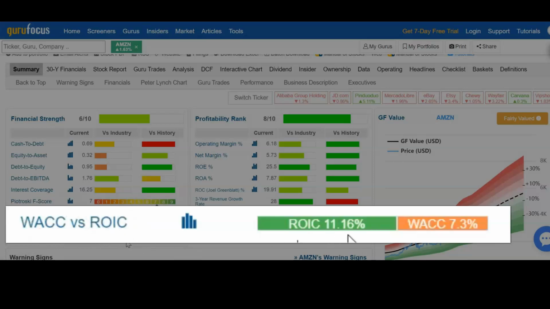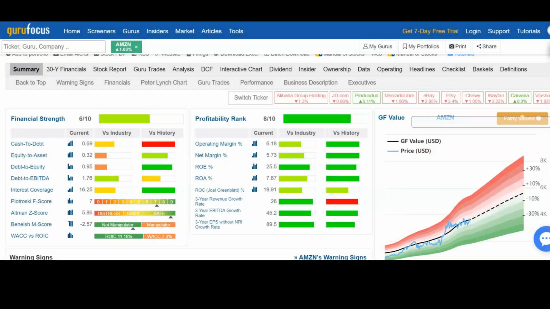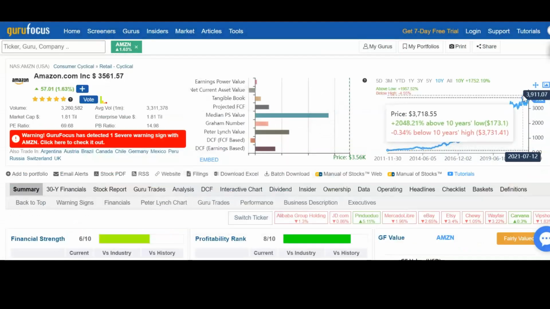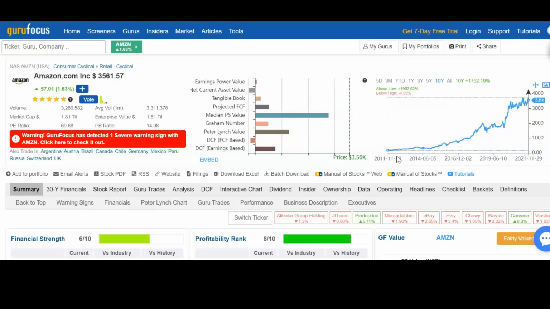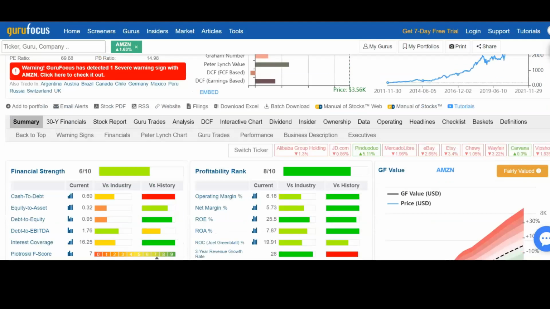So we can see here that for Amazon, the cost of capital is 7.3%, while return on invested capital is 11%. In other words, it generates a higher return compared to how much it cost to raise funds for Amazon. And it's not surprising that the value of Amazon shares is increasing all the time. In fact, Amazon used to be one of the best wealth-generating stocks of all times.